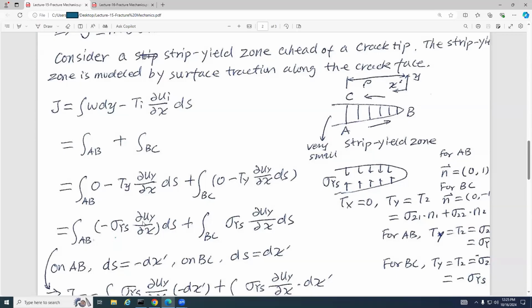Why do we want to use x prime? Because the BC is going to the left. We want to unify these two lines. One is going this way, one is going that way. So ds equals negative dx prime, and for BC, ds equals dx prime. Do you guys agree? So we just change the ds to the dx prime.